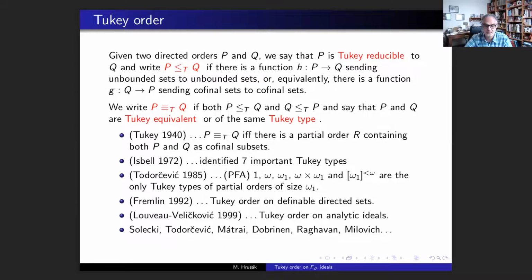He also showed that under CH you have as many types as you can have, so 2 to the omega 1. But Isbell's examples were actually interesting because one of the examples that he used was the ideal of sets of density 0. So he looked at definable partial orders, even though under CH he treated it as if it were non-definable because it was just a thing of size omega 1.